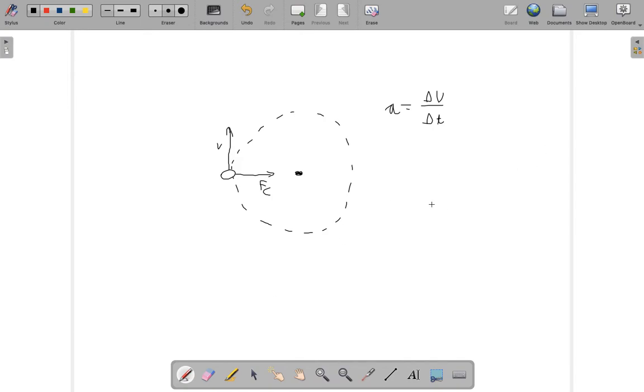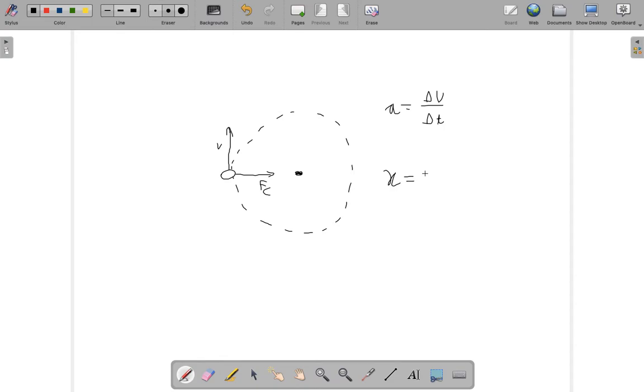Right, so at any given moment, the ball, or let's say this object over here, will travel a distance. Let's just label it as distance actually. I'll just call it x.